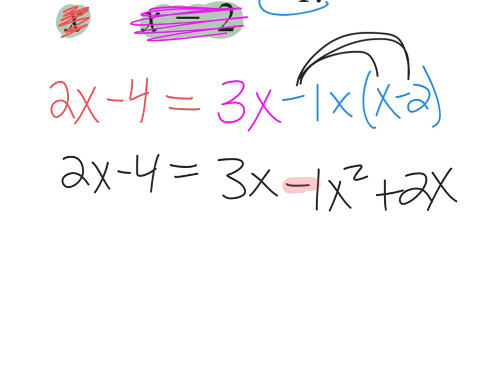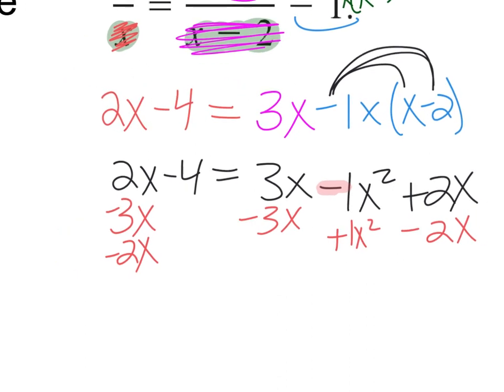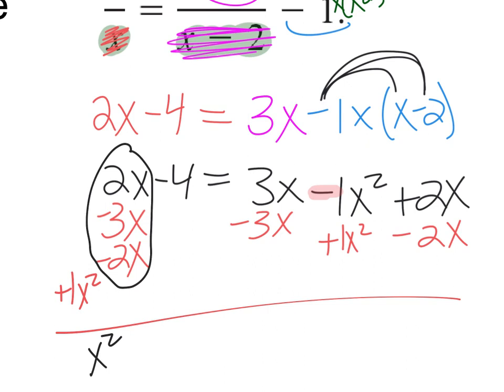So we're going to subtract the 3x with its like term, subtract the 2x with its like term, and add 1x squared over. So let's see what we get here. We're going to have an x squared, and then all of these terms combine, the 2's cancel, so negative 3x minus 4 equals 0.